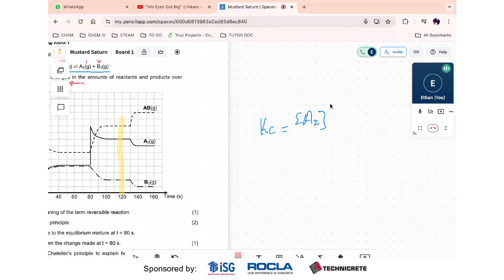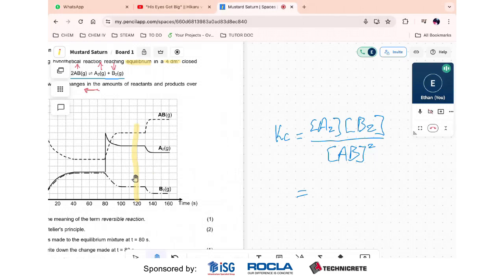However, as you'll see when we get to AB, because AB had the 2 in front of it, so it was a stoichiometric coefficient, it then becomes an exponent in our expression. So now we just need to substitute in the relevant concentrations at this amount.